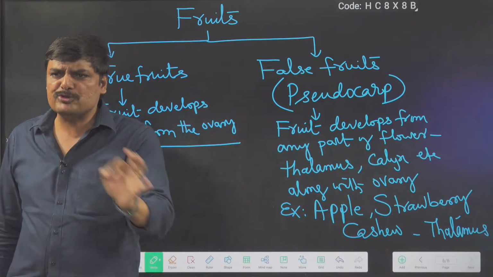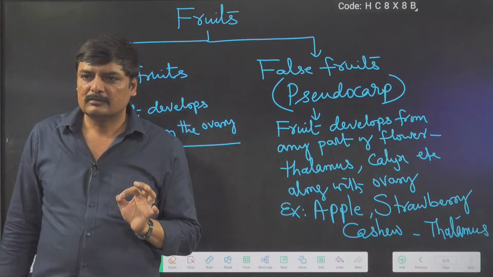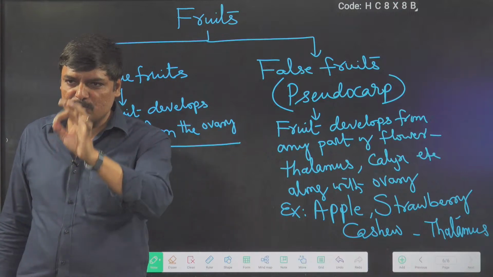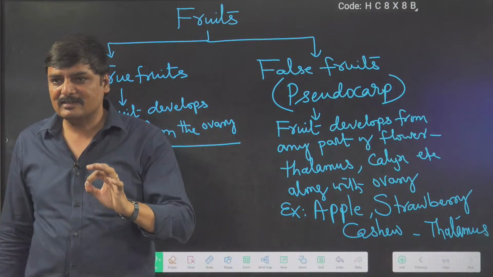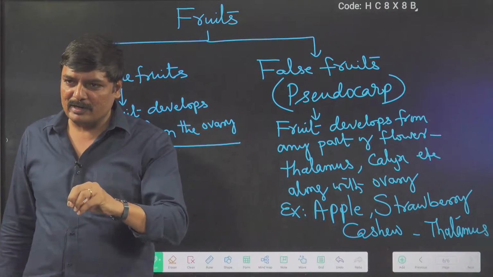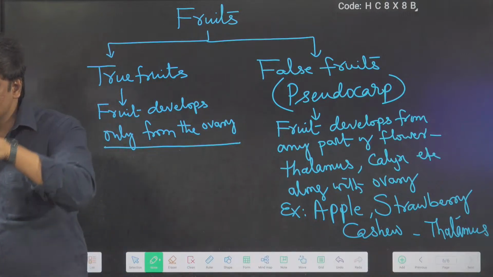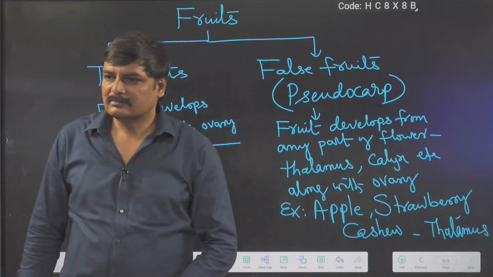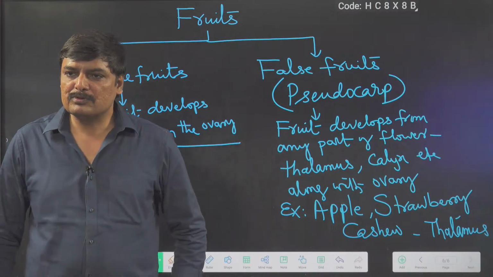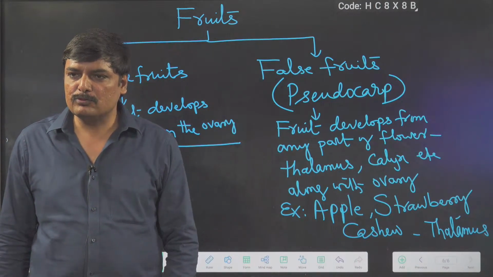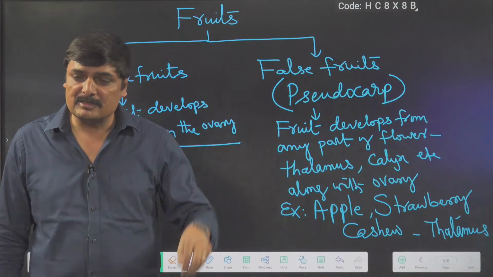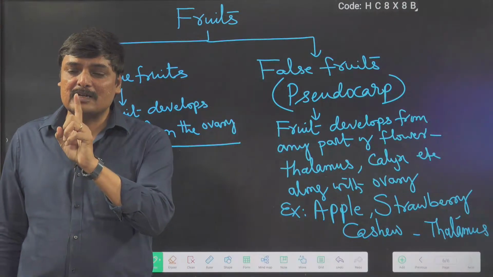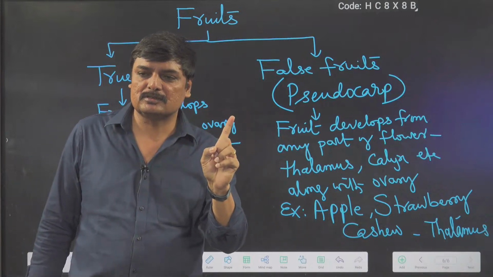This happens usually. In 99% of the cases only ovary becomes fruit. In some species, along with the ovary, other parts are also involved. Yes, cashew fruit, strawberry fruit, and also apple.